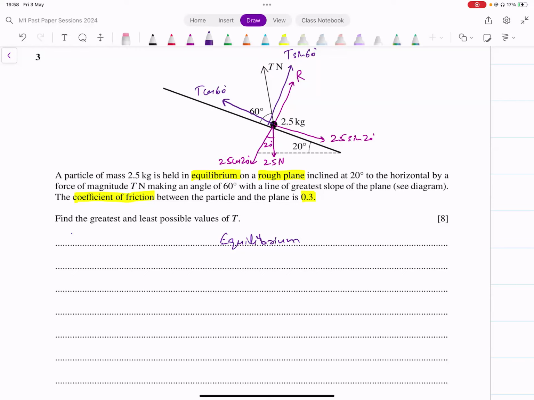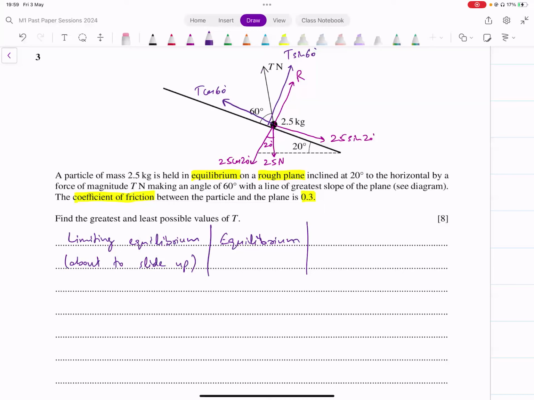Another possibility is that the particle is in limiting equilibrium with the particle just about to slide up the plane. That is, if tension was even slightly more, it would start moving up the plane. This is one extreme case of equilibrium.